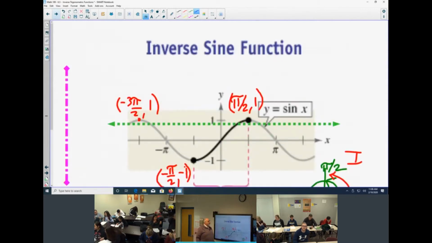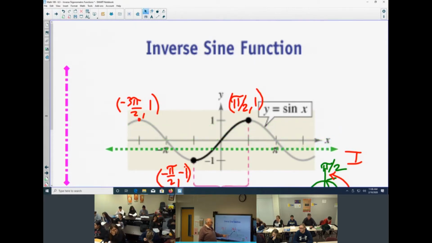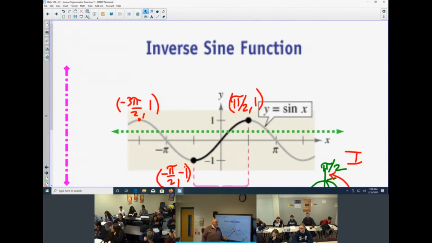Okay, so first of all, let's start with the sine function, okay? So the sine function, here's this little gray curve, goes up and down. It passes the vertical line test, so it's a function, but the sine function in and of itself does not pass the horizontal line test. So its inverse would not be a function, except, I don't know if you remember this, but we actually cheat sometimes.